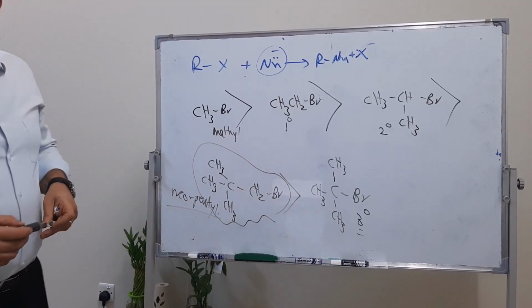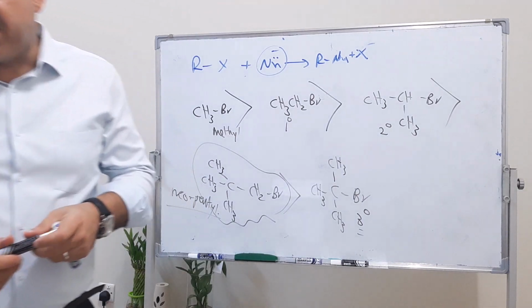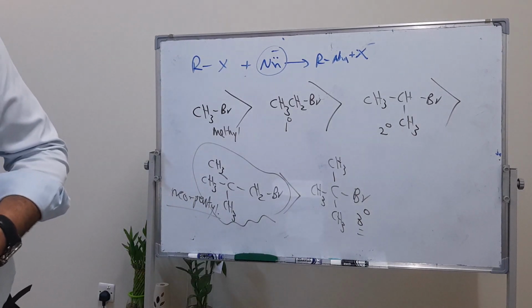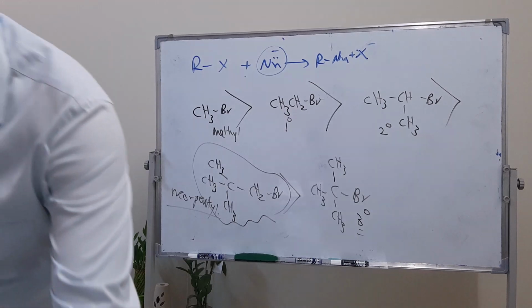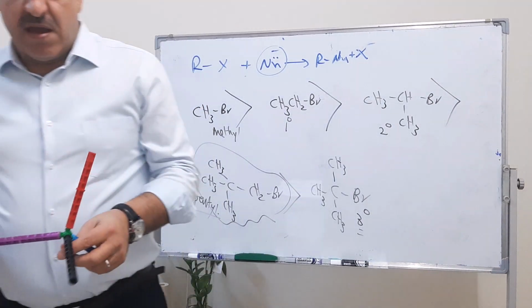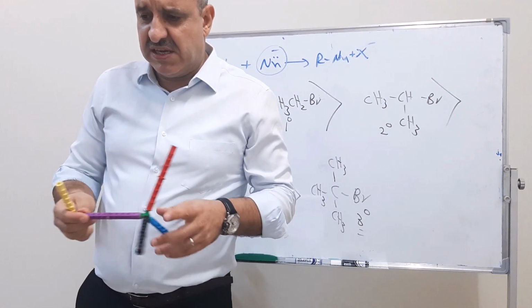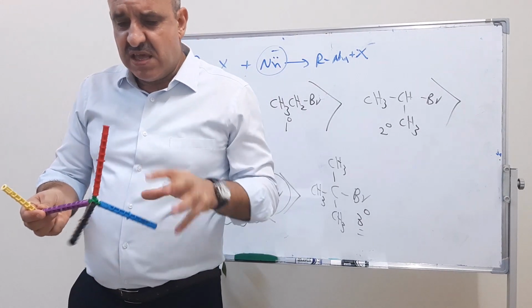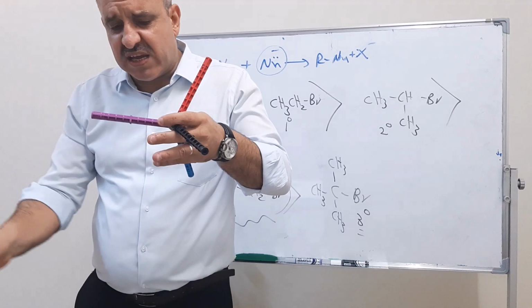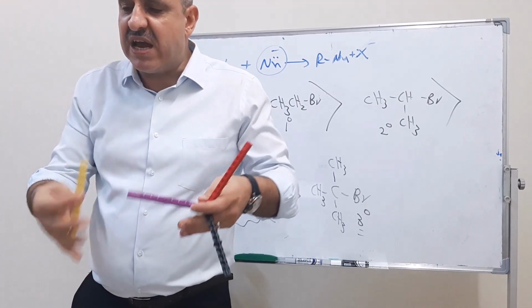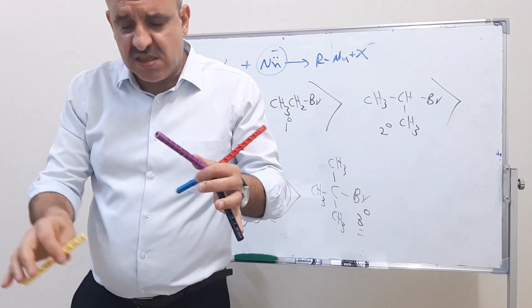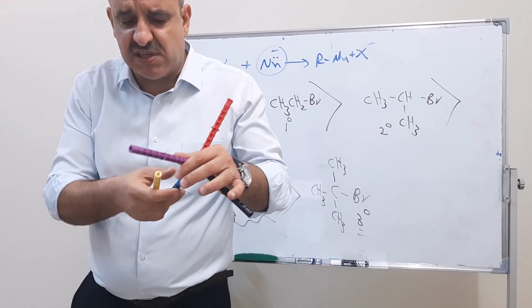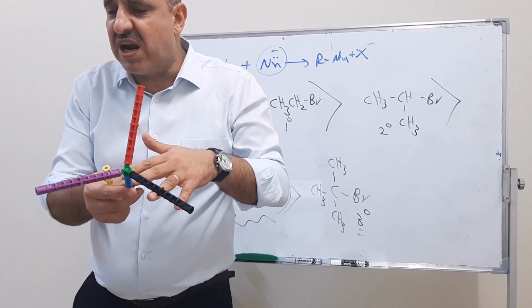Now, the reason for this order of reactivity, I think, is very clear. When these groups are very big in size and the nucleophile comes from the backside, the reaction will be hindered because there will be much more repulsive forces compared to if these are hydrogens.